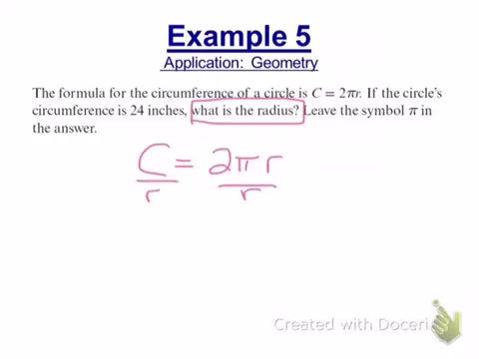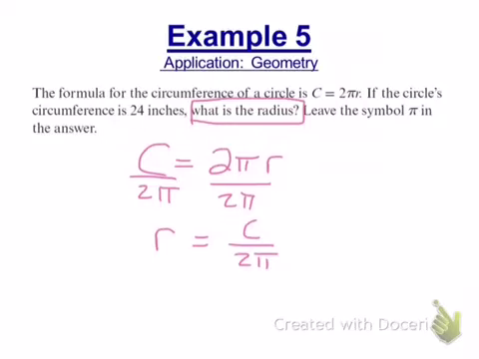No. So we need to take care of this number. Now keep in mind that 2 pi is just a number, approximately 6.28. So I'm going to divide both sides by 2 pi, and I'm going to swap sides here: radius equals circumference divided by 2 pi.